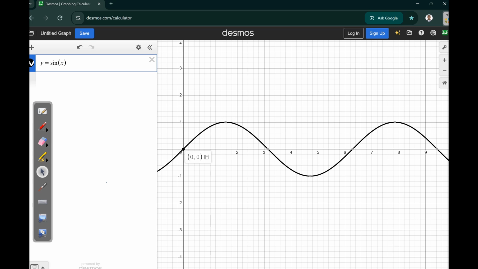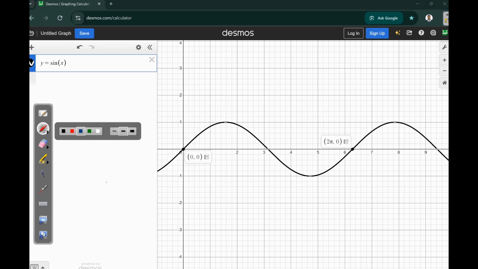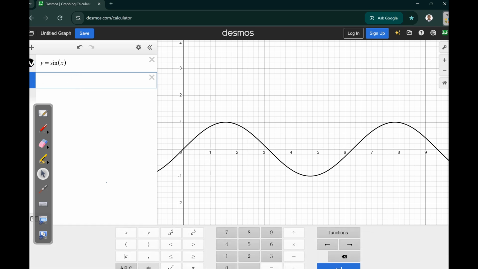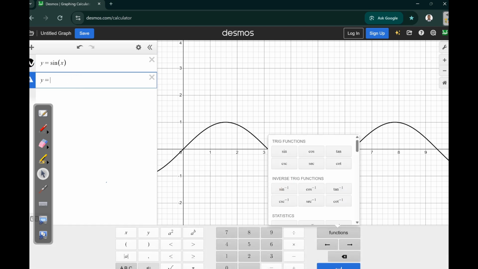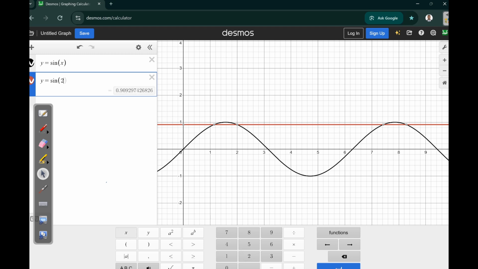This graph here repeats itself every 2 pi. Then it continues. Now, if where there is x, I put 2x, we have y equals sine of 2x.